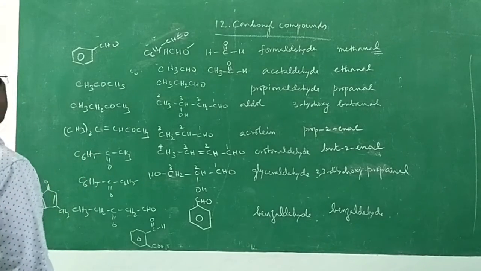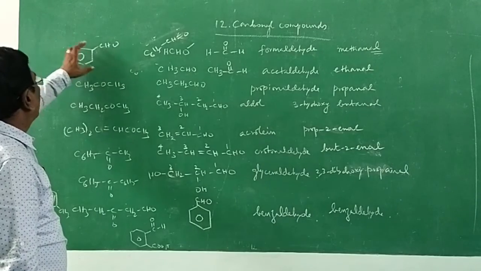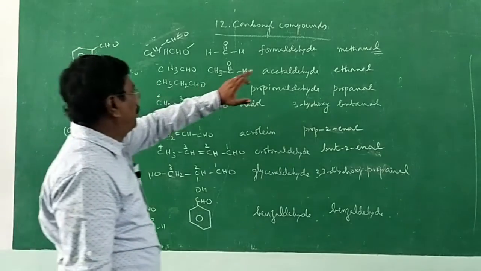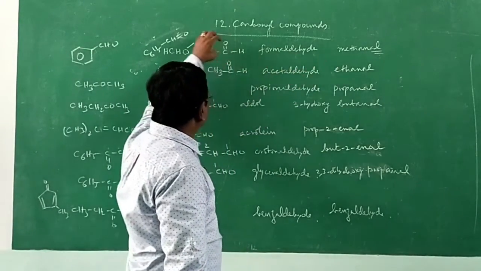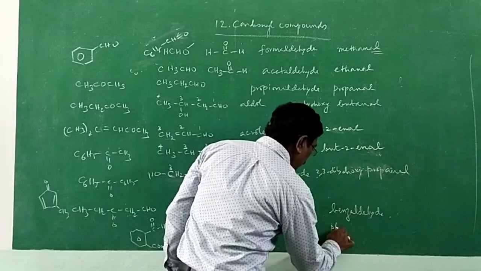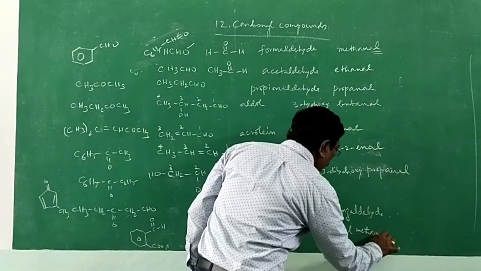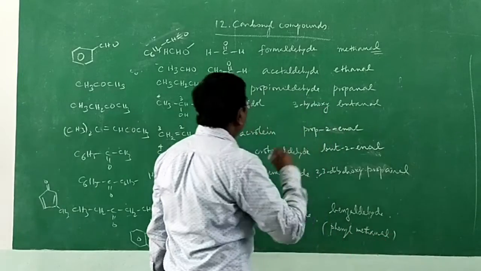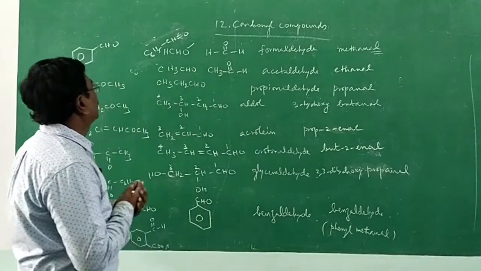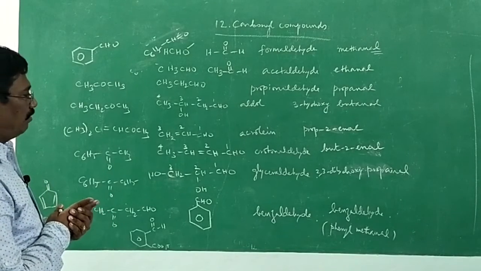It may also get the name phenyl methanal, because it is methanal. Instead of a hydrogen we have phenyl. Phenyl methanal can be considered a derivative of methanal, but we usually call it benzaldehyde only. We don't go in for phenyl methanal.